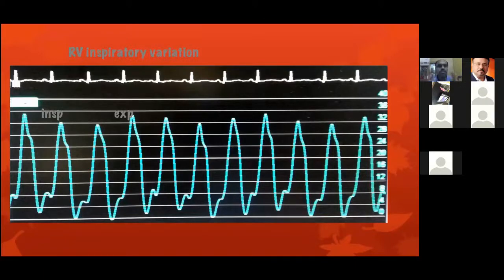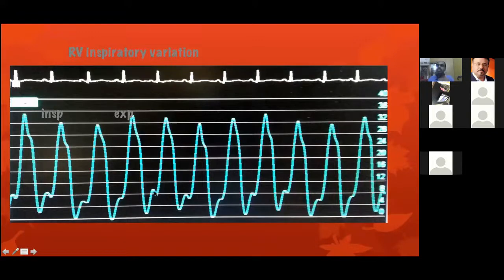We need to remember, every intracardiac pressure will fall on inspiration and rise on expiration because they will be reflecting the intrathoracic pressure. Similarly, right ventricular end diastolic pressure will also reduce on inspiration and increase on expiration.